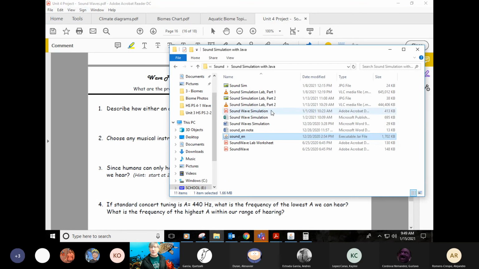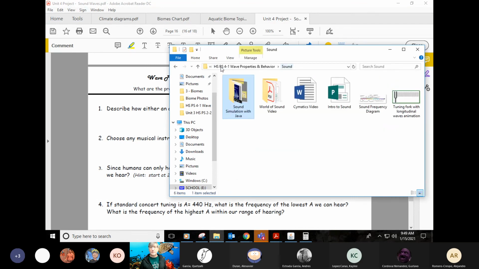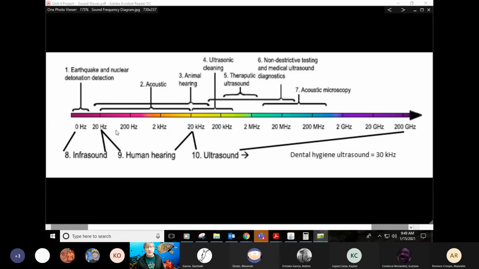So I have a nice diagram here showing the different frequencies of sound. And again, frequency is how fast it's vibrating. Hertz means vibrations per second.